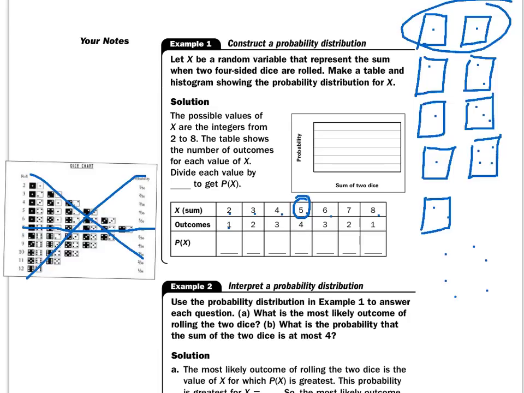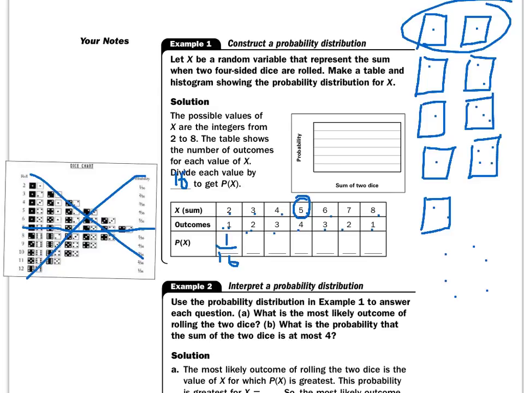Alright. How many different outcomes are there total? Well, 1 plus 2 is 3. 3 plus 3 is 6. 6 plus 4 is 10. 10 plus 3 is 13, 14, 15, 16 different things that could happen. Alright, so your chances of rolling a 2 would be 1 out of 16.